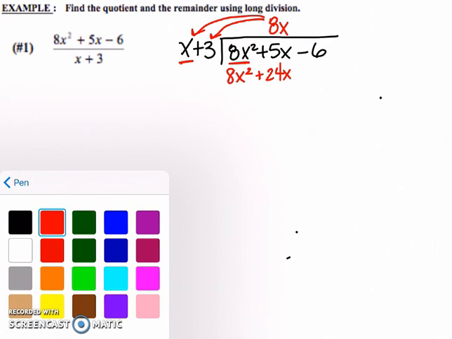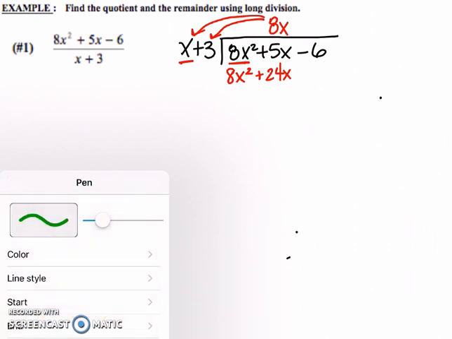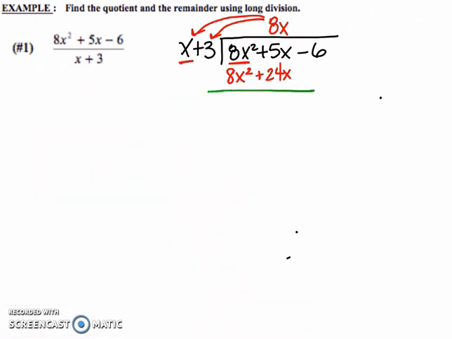Instead, we say that we are going to draw the line and change the signs. So since these are both positive, they both become negative. And then instead of saying we're subtracting, we're going to be adding the opposite. So our 8x squareds are going to cancel out. We have a positive 5x plus a negative 24x. So that's going to give us a negative 19x. And then we're going to bring down our constant term, which is negative 6.